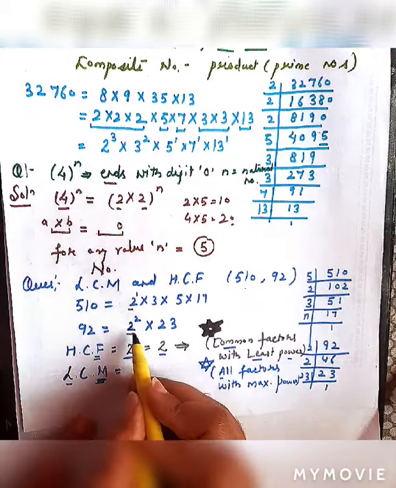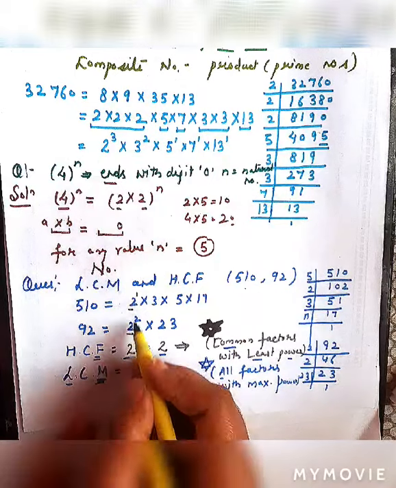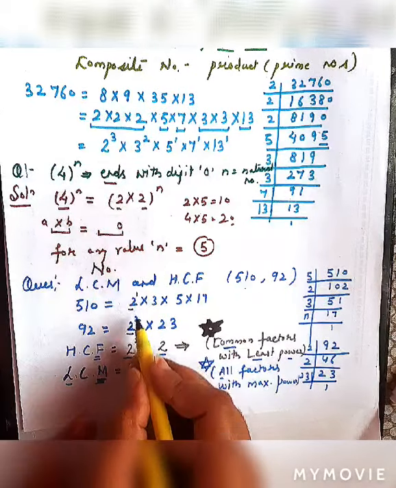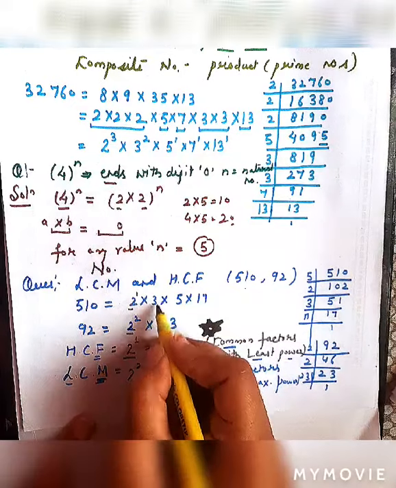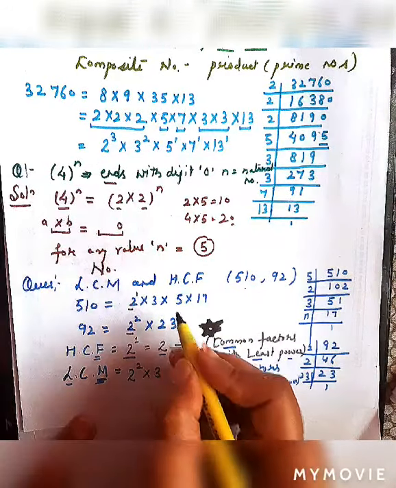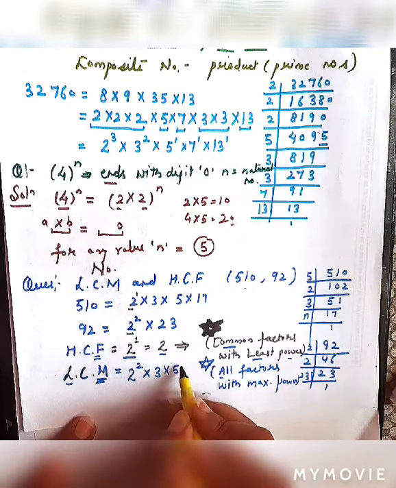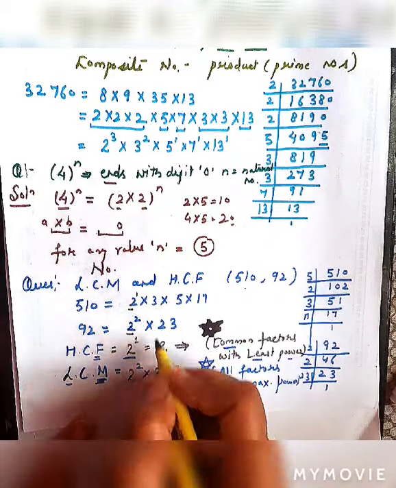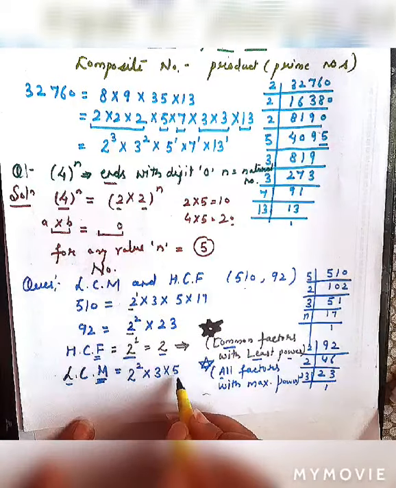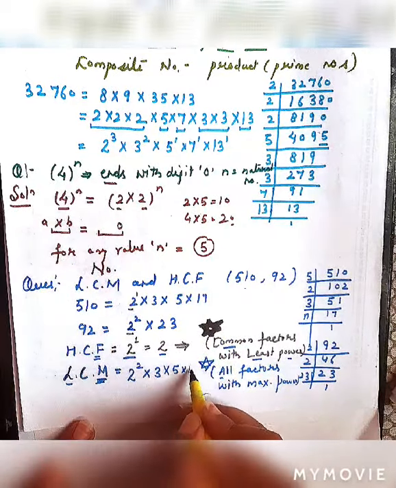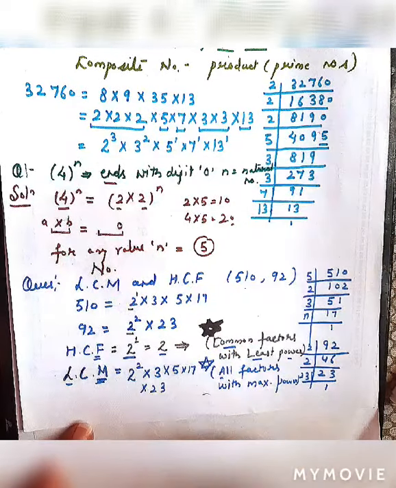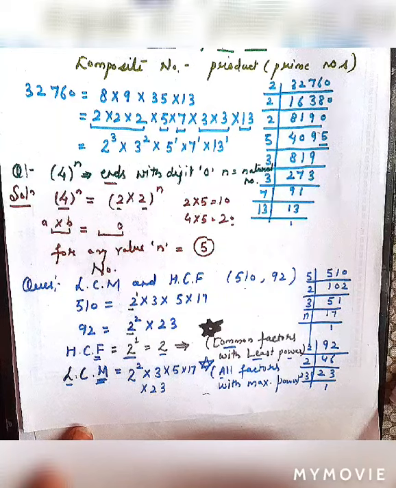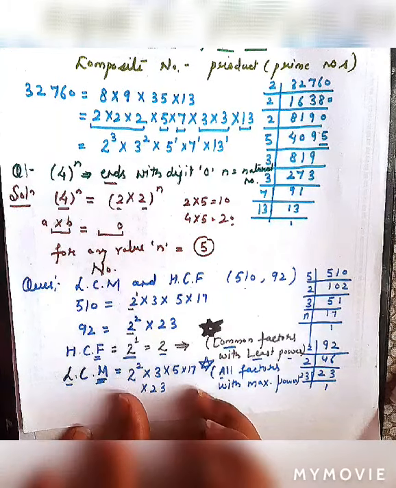First factor is 2. Maximum power of 2 is 2. Then 3. Maximum power is 1. 5, maximum power is 1. 17, maximum power is 1. And here 23, maximum power is 1. So this is all about the least common multiple.